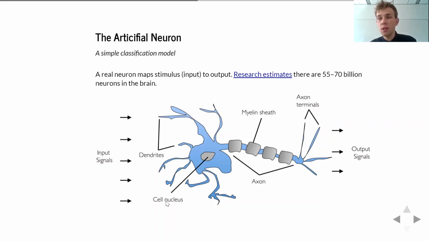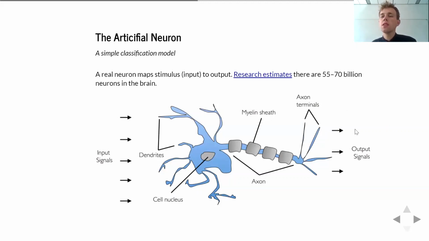I don't want to go into detail with this because I fundamentally don't know anything advanced about biology, but the idea here is that the biological neuron takes an input signal, and then it processes it, and if the signal is strong enough, it fires, basically it gives an output.